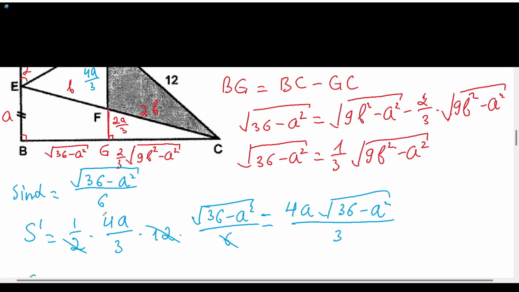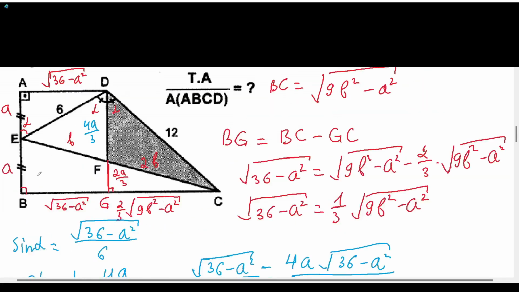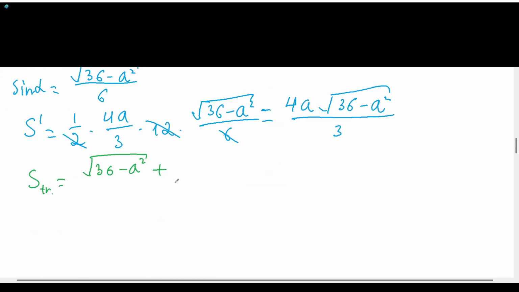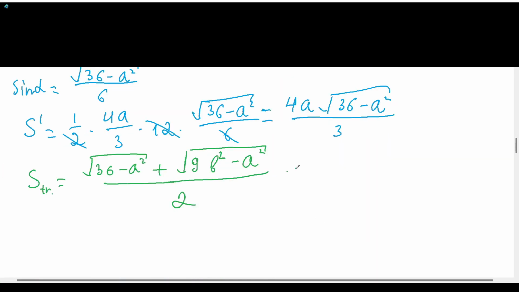That means the square root of 36 minus A squared plus BC, the square root of 9b squared minus A squared, over 2, times the height. The height AB is equal to 2A. Here we can cancel 2 and 2, and we get that.